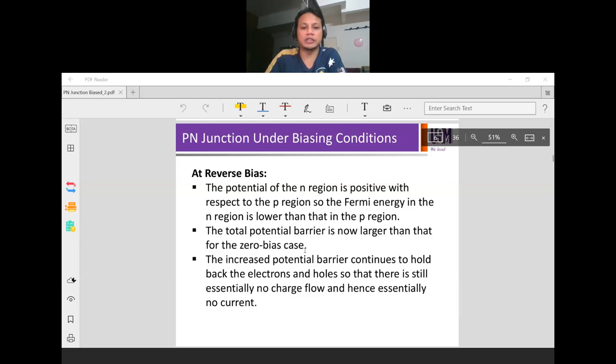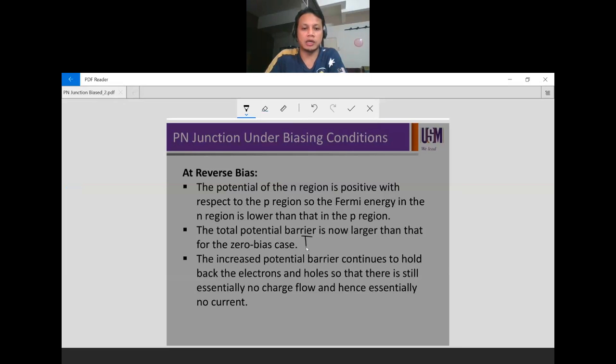The total potential barrier is now larger than that of the zero bias condition, right? As we discussed, the barrier height is now increased in comparison to the thermal equilibrium condition, and your voltage is now q times (V_bi plus V_R), the reverse bias voltage.